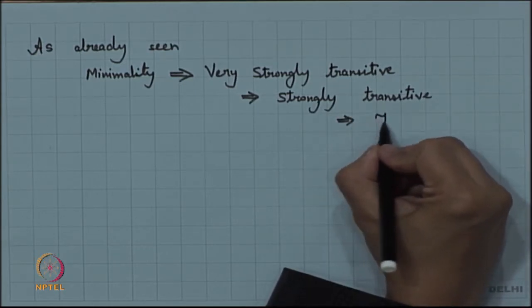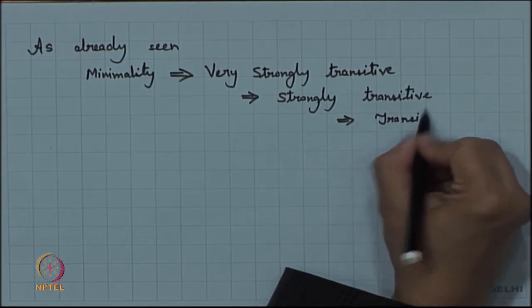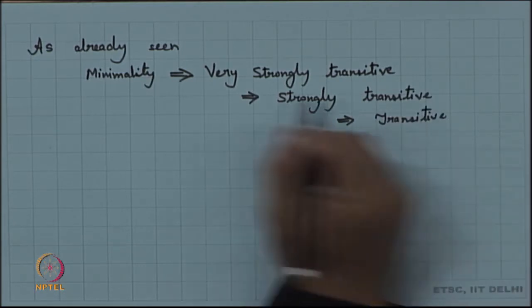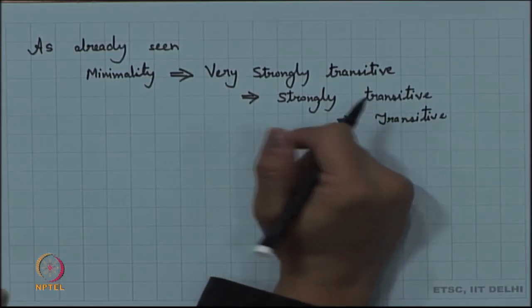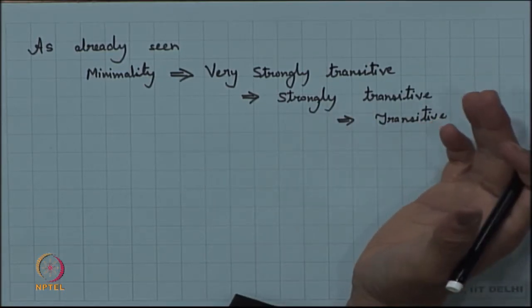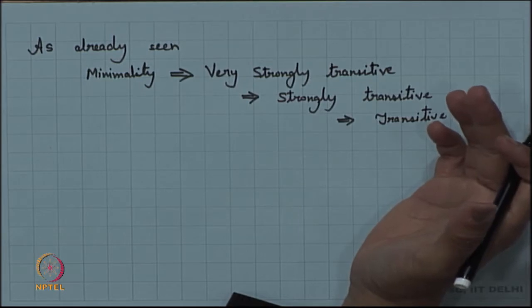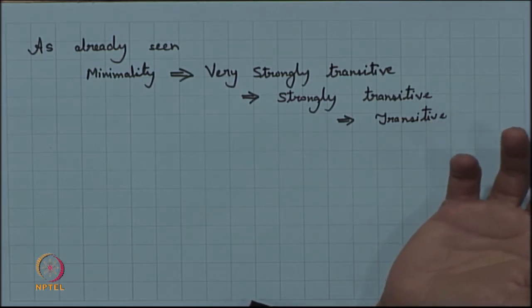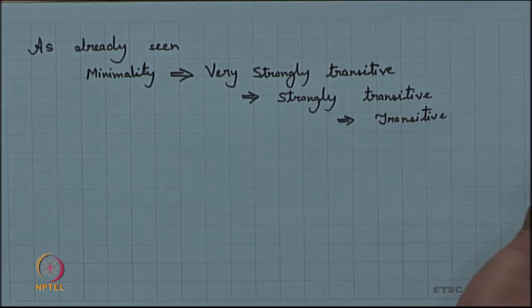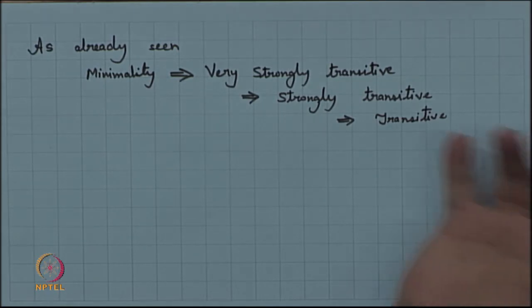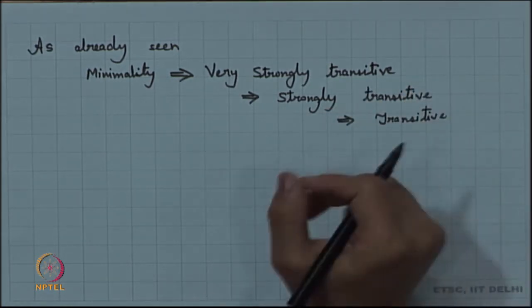So, this implies transitive, because for transitivity we want that you take the union of all these iterates, all these images f^n(U), and that should be dense in X. So, transitivity is the same as that part. So, strongly transitive implies transitive.